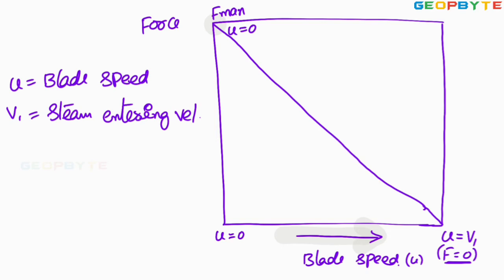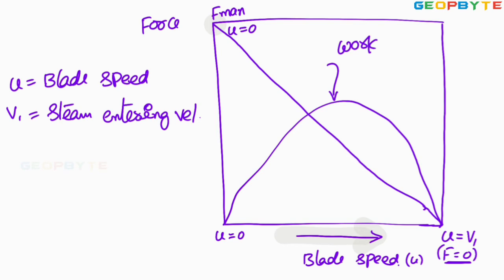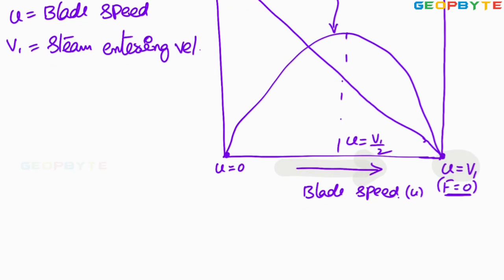Similarly, work output is varying like this. This is the work output. Work output is 0 when the blade speed is 0, and work output is 0 when the blade speed equals jet speed or steam velocity, and work output is maximum when u equal to v1 by 2. When u equal to v1 by 2, work output is maximum.